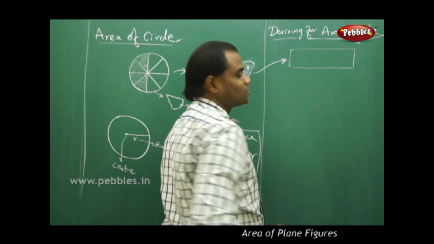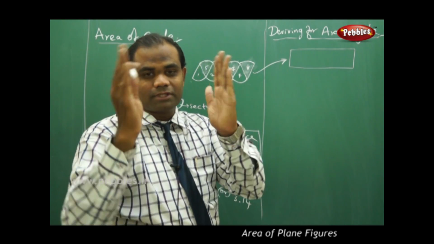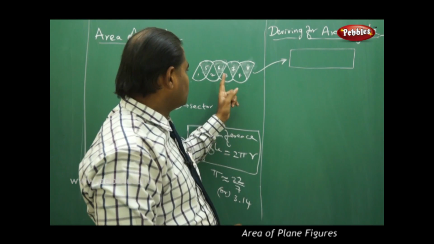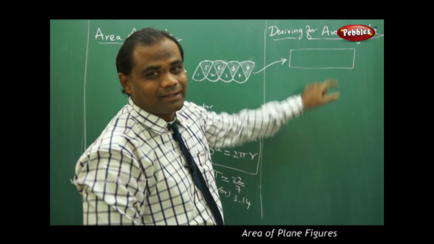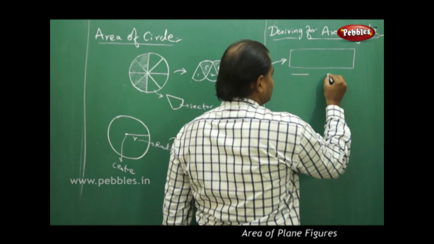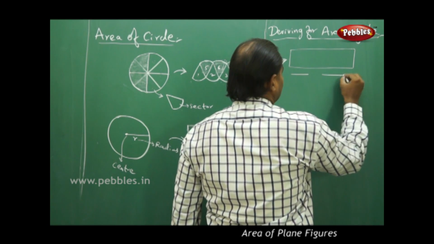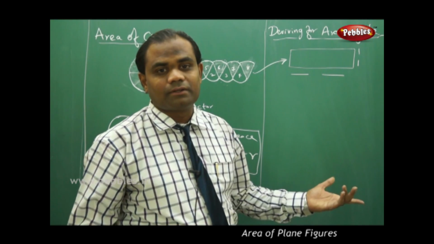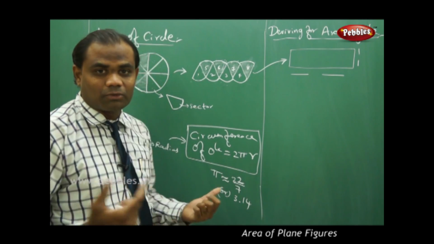This forms an approximate rectangle if you just move it vertically straight. Therefore, when assumed to be a rectangle with length and width, the area of this rectangle would be length into width, which is nothing but the area of the circle which I am going to obtain.